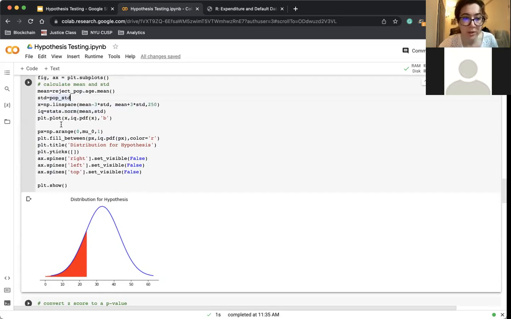And now what we're trying to find is if our value falls within this red zone. I made a new distribution to show the area that our value of 25, which is right here.